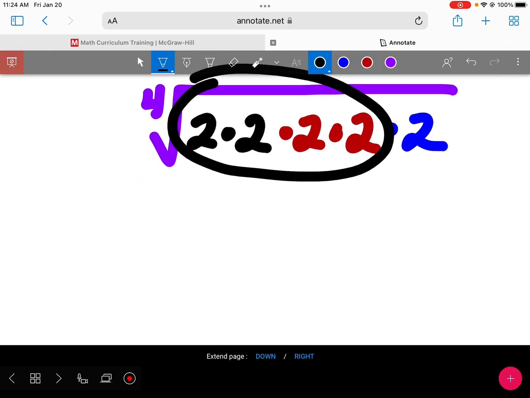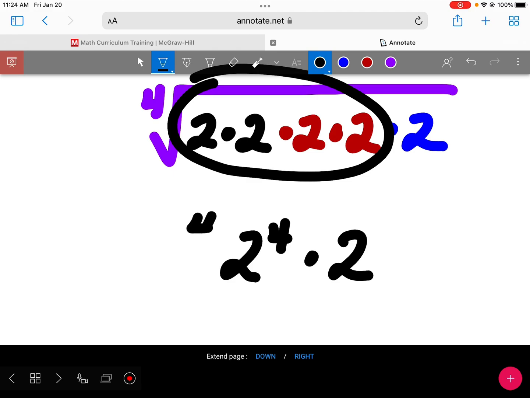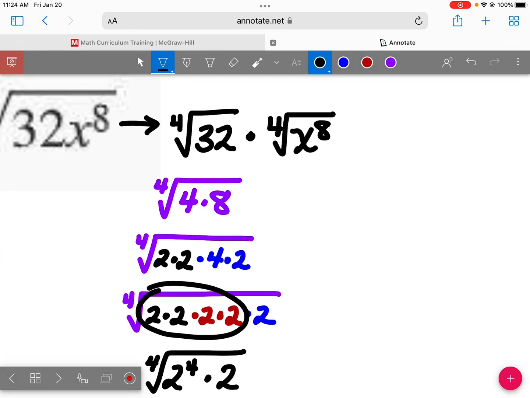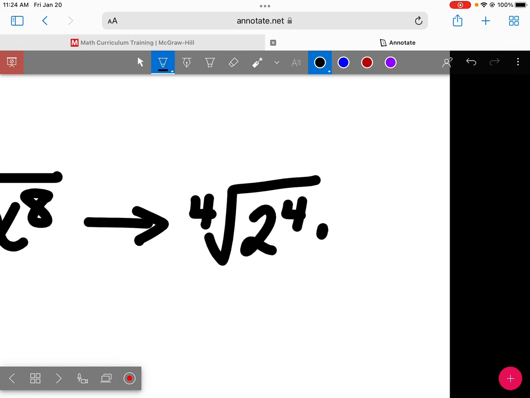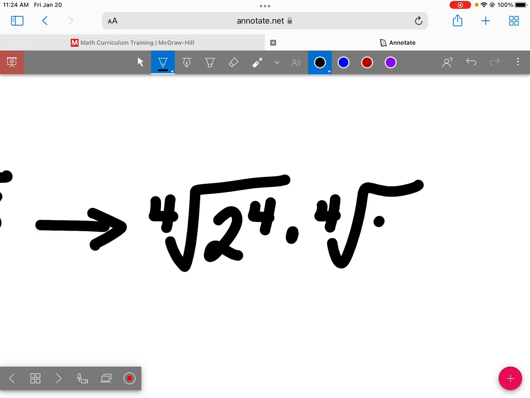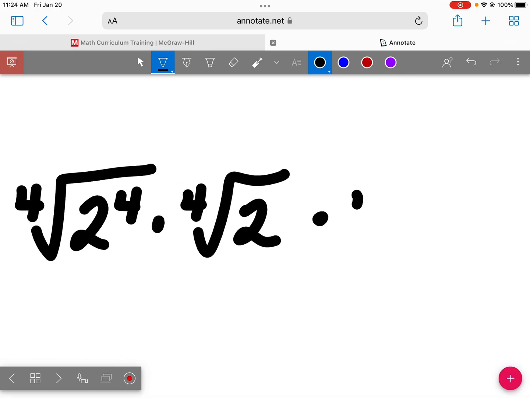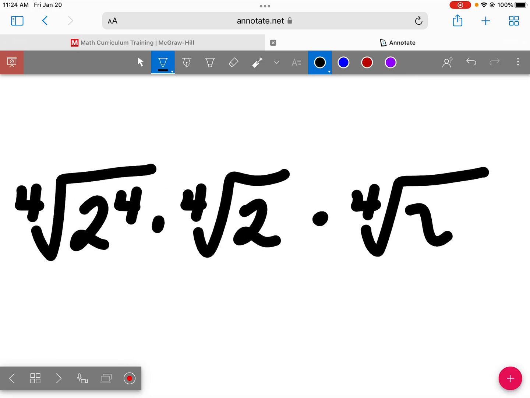So I could write that as 2 to the 4th times 2, all underneath my 4th root. I can split that up and give them each their own radical. So 4th root of 2 to the 4th times the 4th root of 2 times the 4th root of x to the 8th, just representing this different ways.